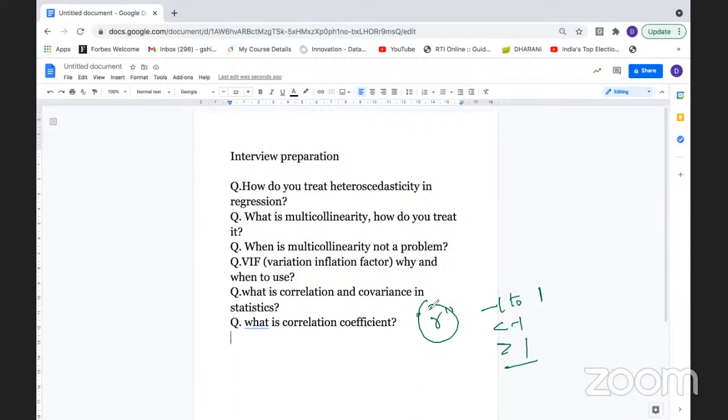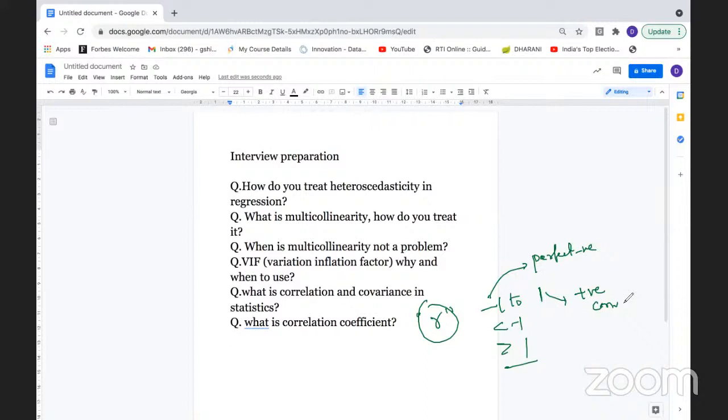A correlation of -1 is a perfect negative correlation. If it is +1, it is a perfect positive correlation. So we use this formula to find out how strong a relationship is between two variables, where +1 is a strong positive relationship and -1 a strong negative relationship.